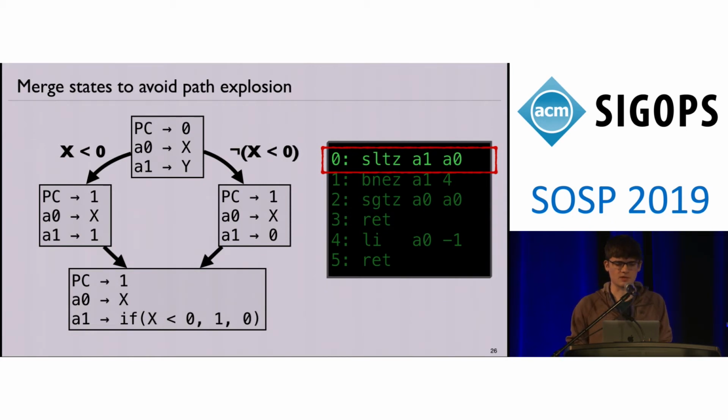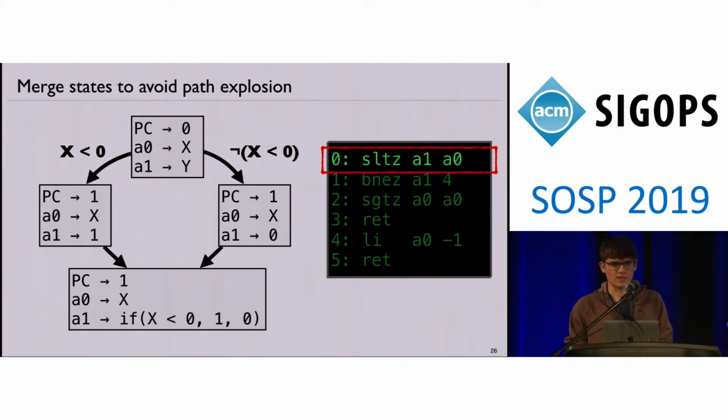So to make this concrete, let's look at the first instruction of the RISC-V program. The first instruction, SLTZ, is a RISC-V instruction that checks if the register value of A0 is negative, and if so, sets A1 to 1. On the left, we have a symbolic evaluation graph, which is a visualization of the execution of this program. At the top is the initial state, where the program counter is 0, and each of the two registers is bound to a symbolic integer.